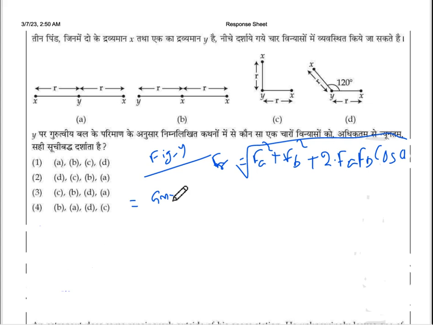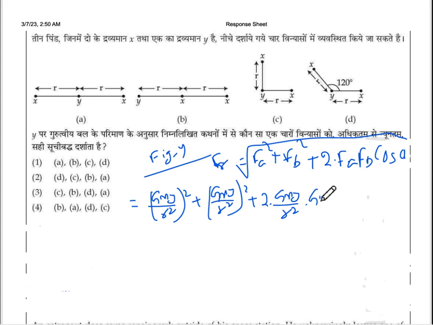So it will be G x y by r square whole square plus G x y by r square whole square plus 2 into G x y by r square into G x y by r square, into cos theta. Here theta is 120 degrees, and cos 120 degrees is minus 1 by 2.